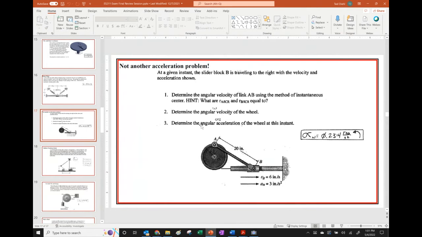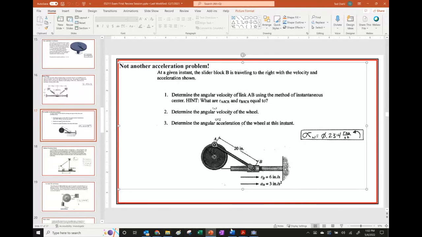So what we're trying to do is determine the acceleration of the wheel at this instant. We want to find what the angular acceleration of this wheel is going to be. I don't think this was actually an exam problem. Maybe, I bet it was. It looks like it was put together as if it was from a good friend, Sean Munnis, former Tesla employee. I don't think that's a big deal.